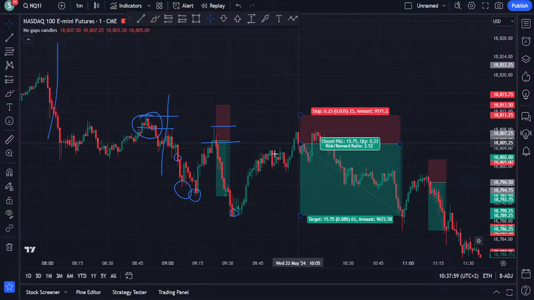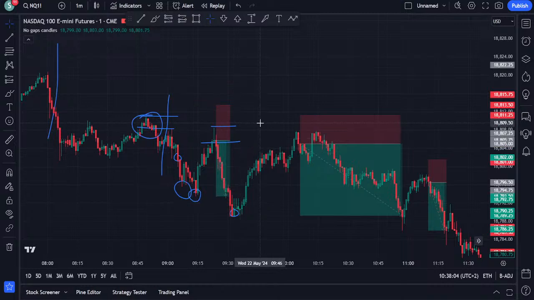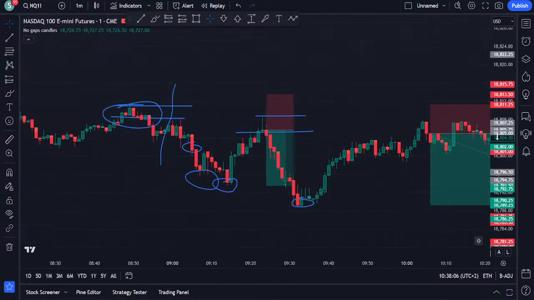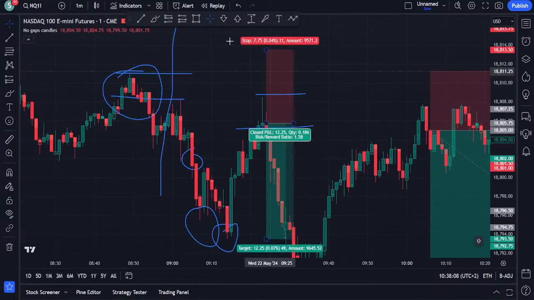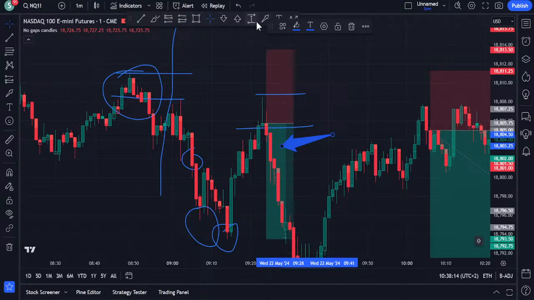But in this case, no, because here's a nice area here, right? There's a nice gap here, kind of this size.